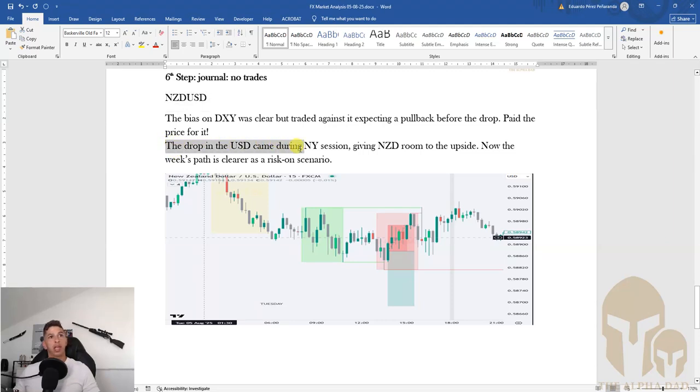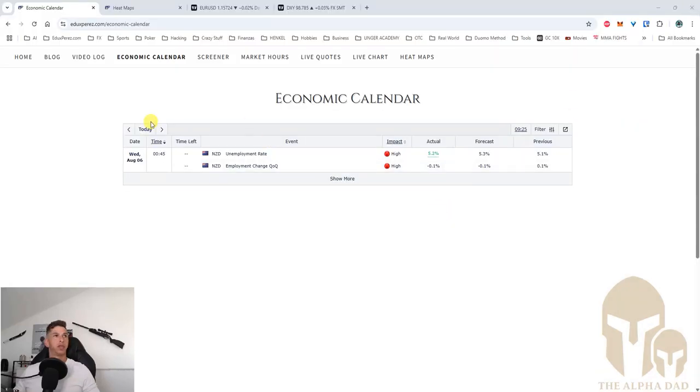The drop in the USD came during New York session, giving NCD room to the upside. Now the week's path is clearer as a risk-on scenario. That's a great thing, guys. So now we have a very clear scenario to play along this week. I'm gonna save this and close it. That's it for today.